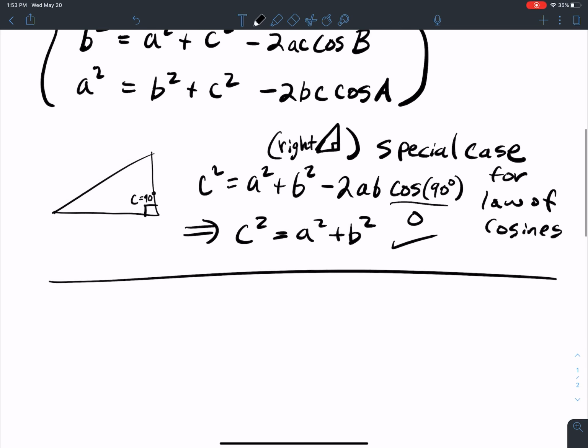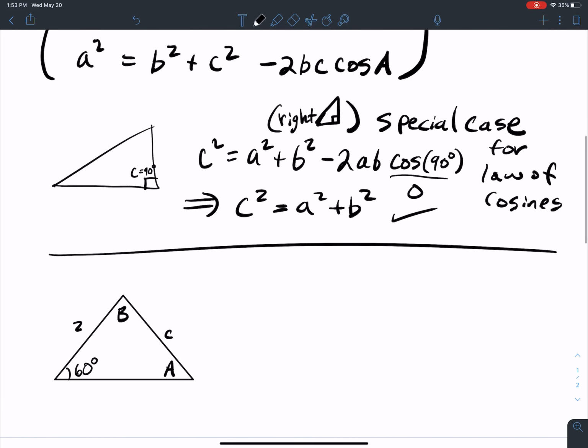So say you're given a triangle and you're told this is 60 degrees. You've got your side c, your angle B here, and your angle A here, and you're told 2 here and 3 there. Now, side, angle, side, that's SAS, so I use law of cosines to get my other sides.